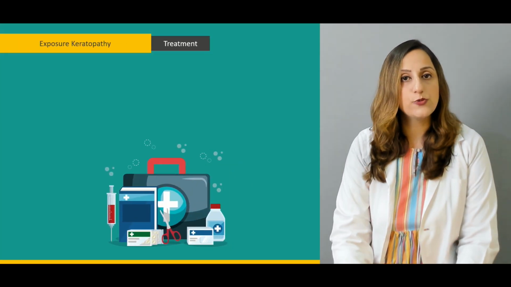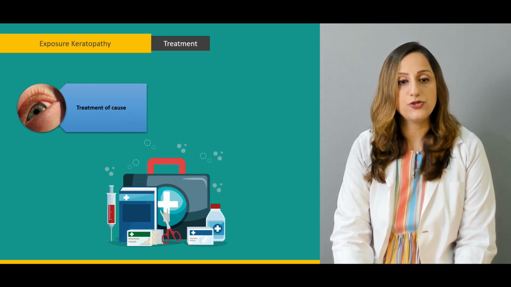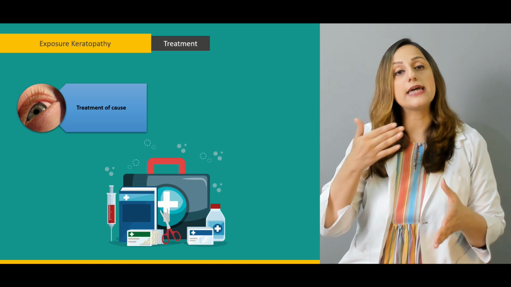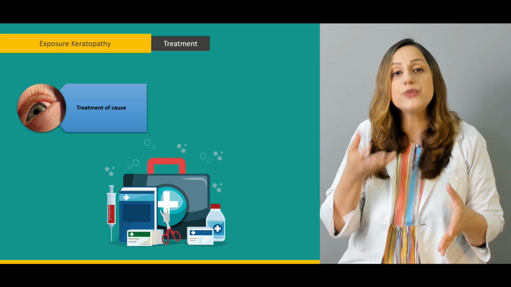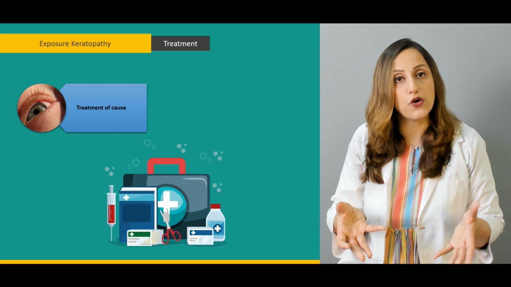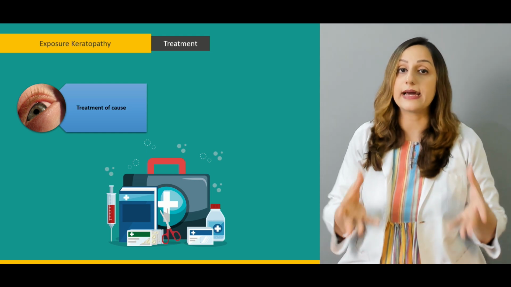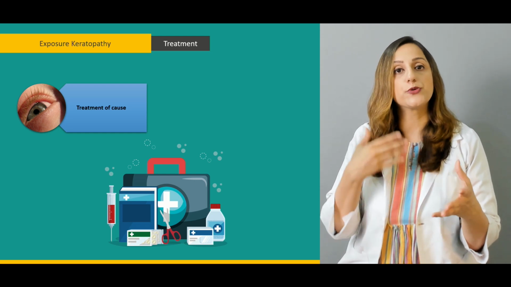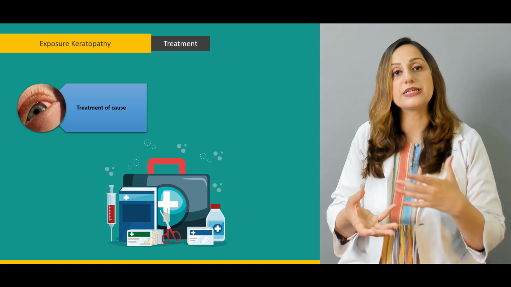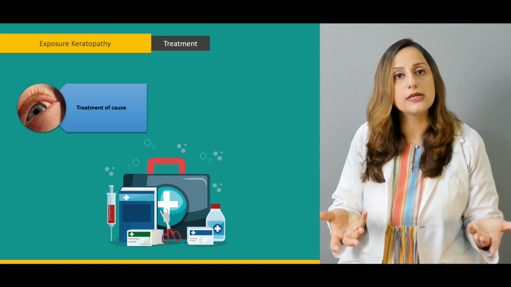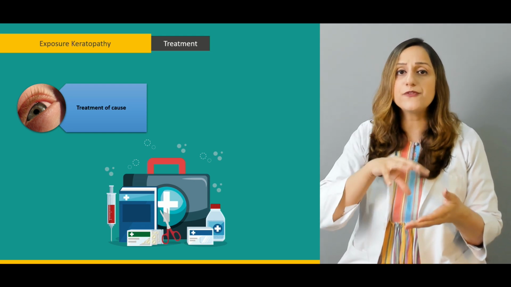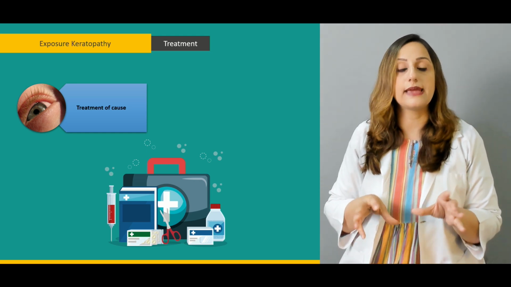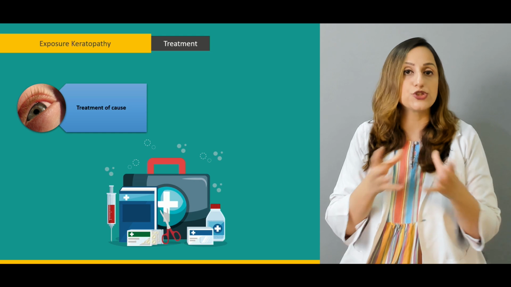The treatment that they would be prescribed is the treatment of the cause. So this is again very important. If the patient has high thyroid hormone levels, you're going to treat the definitive cause first of all. If it is a tumor residing behind the eyeball, that is the basic cause contributing towards proptosis, and then finally the patient has the exposure keratitis, you have to focus on the definitive cause, that is the tumor, not just the exposure keratitis.